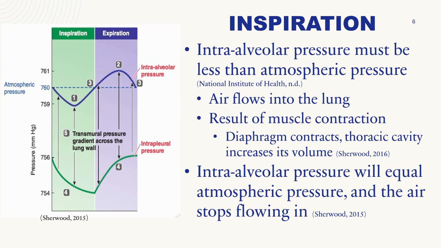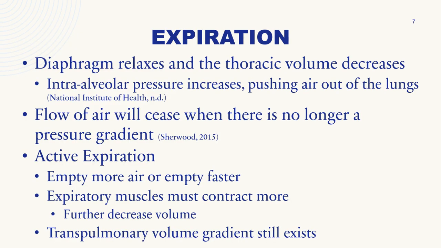During this phase of ventilation, our intrapleural pressure decreases slightly. That's down here. We see this decrease slightly because the lungs are stretched out, so they pull away from the thoracic wall.